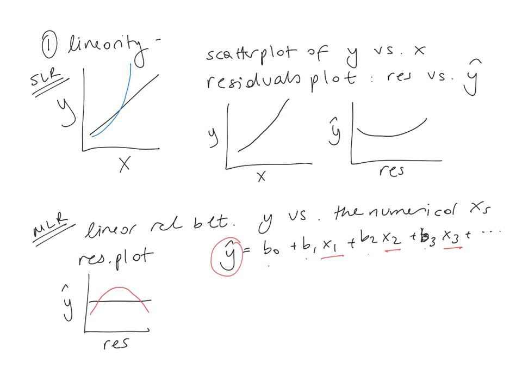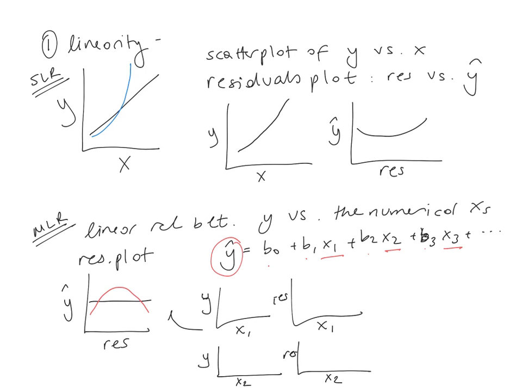So in that case, you might want to look at individual plots of your response variable versus your x1, or your residuals versus your x1, and similarly your response variable versus your x2, or your residuals versus your x2. Take a look at these and see which one of these is the one where we have a nonlinear relationship that might actually be driving this.